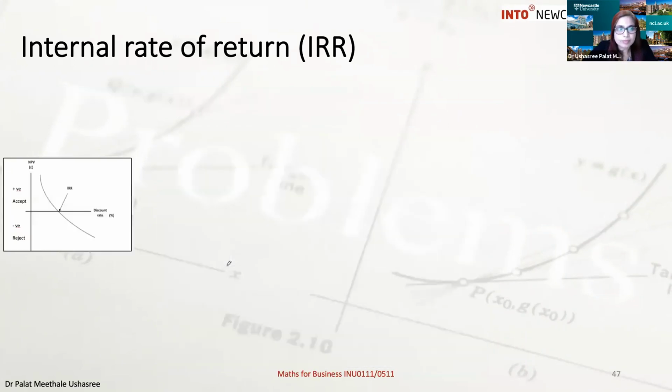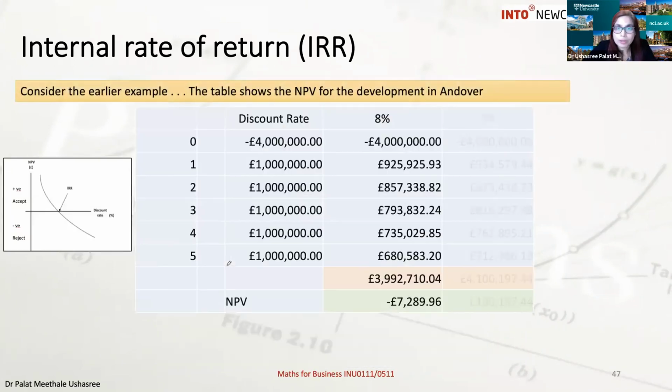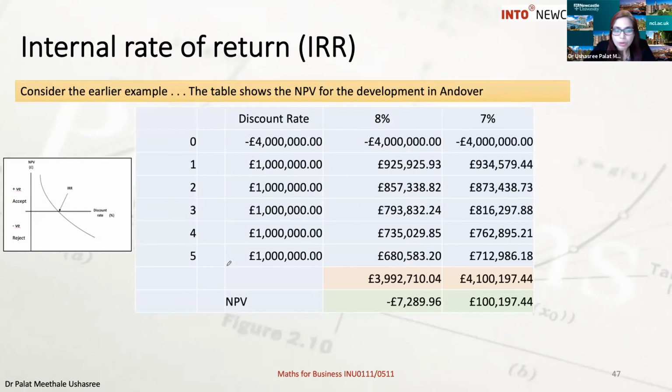Let's go back to the same example. You do not want to take on a project for your company that returns less money than you have invested. So that's why you have this concept of internal rate of return.